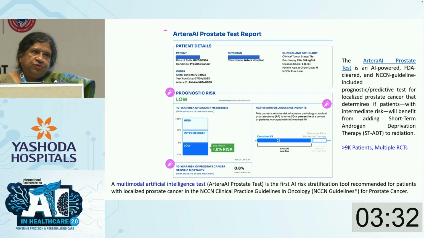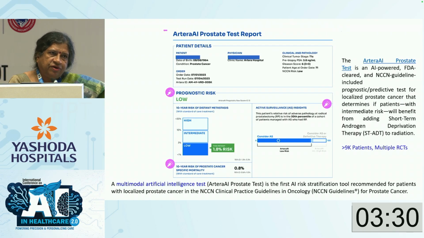Now coming to multimodal AI algorithms, one excellent example is the Artera AI prostate test, which is an AI-powered, FDA-cleared, NCCN guideline-included prognostic or predictive test, which is used for intermediate grade, localized prostate cancer patients, to decide whether they should go for any particular drug or not.